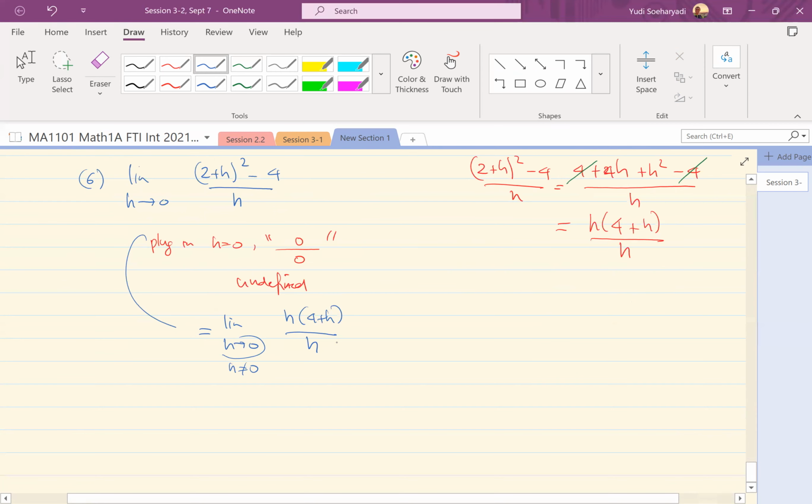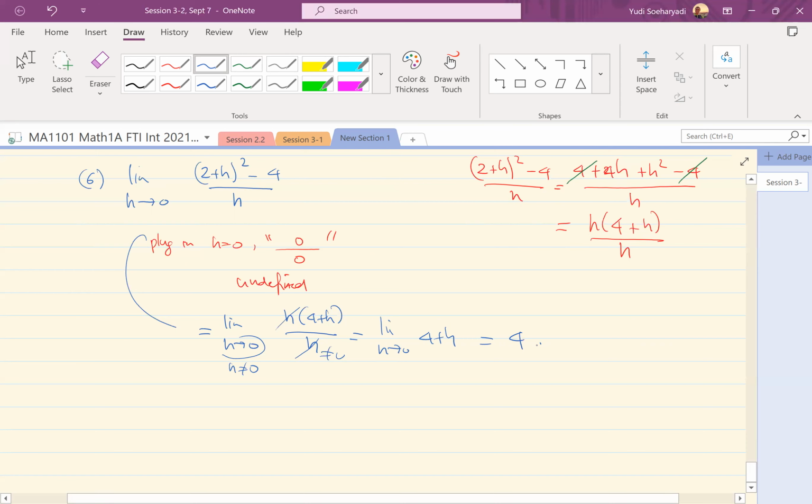So because it's not 0, you can cancel. So eventually you ended up with this. Well, now you can plug in 0. You end up with 4. Okay.